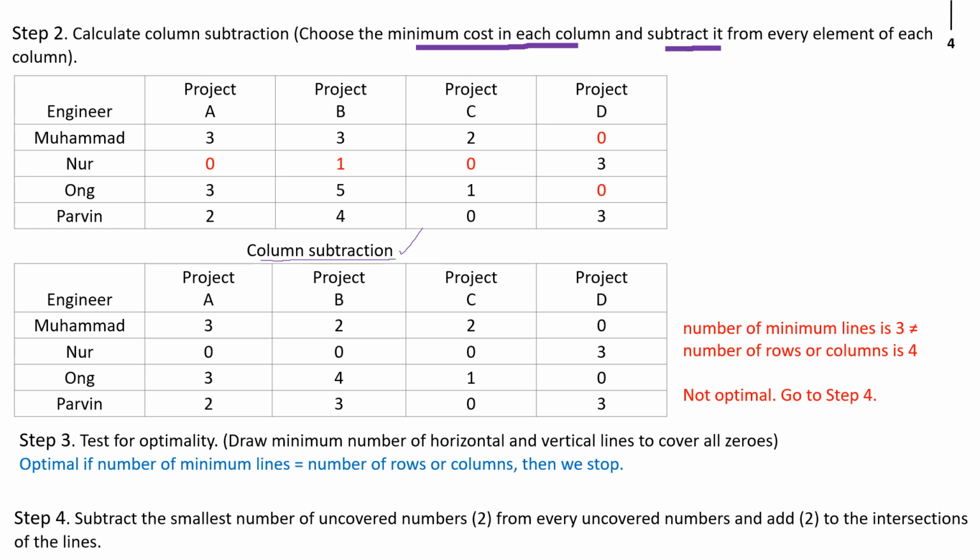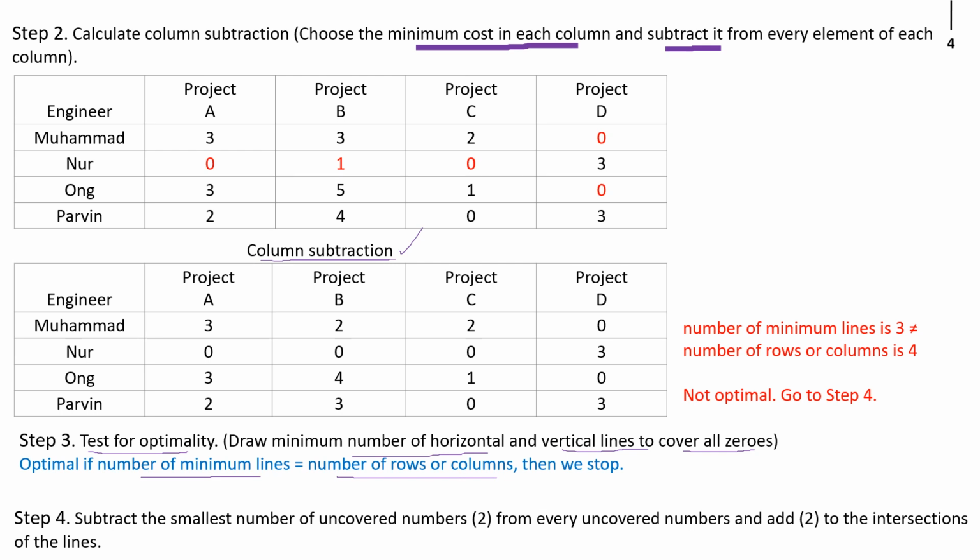And from here, I can test for optimality by drawing the minimum number of horizontal and vertical lines to cover all zeros. It is optimal if the number of minimum lines equals the number of rows or columns, and then we can stop.